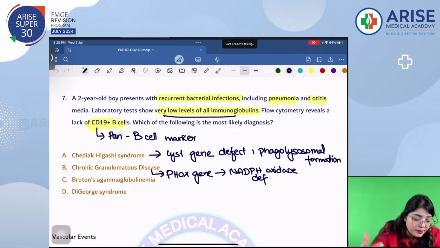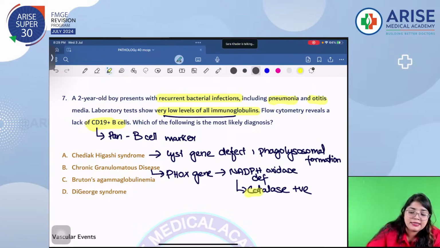I hope you're able to remember that. One thing to remember is that the organisms involved will be catalase positive, because they neutralize H2O2. Because of that you have recurrent infections from catalase positive organisms.